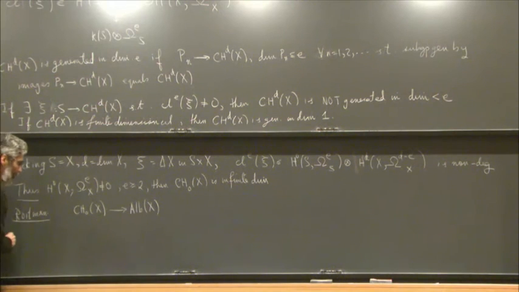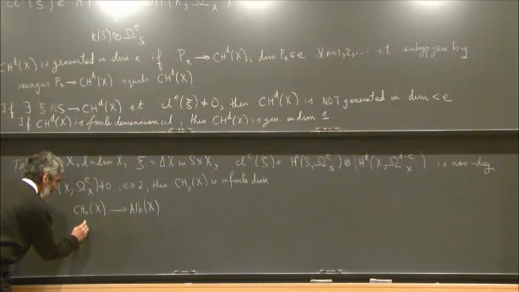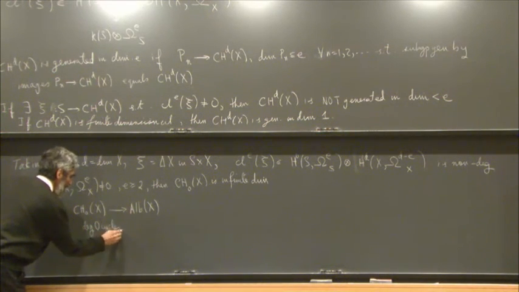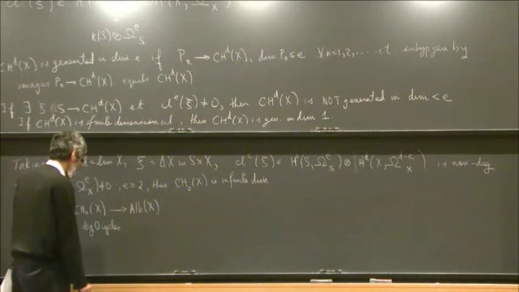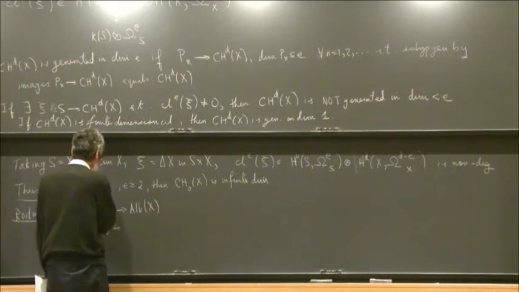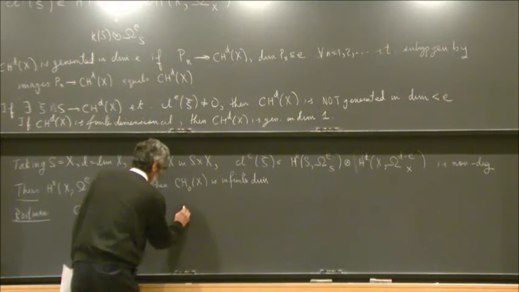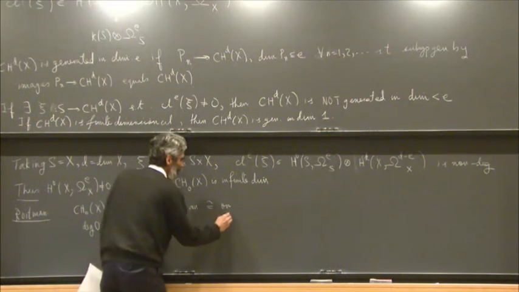Degree 0 cycles. Independent of how large the domain is, he shows that this is an isomorphism on torsion.